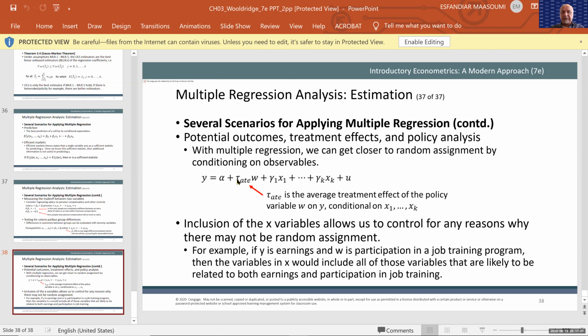If I assume they're all the same, or take the average of them, this is the coefficient I'm going to get for this 1, 0 regressor. So I have all kinds of regressors plus this 1, 0 variable and its coefficient. If I've done a good job of controlling for all the x's, it would be an unbiased estimate of the average treatment effect of participation in this training program.